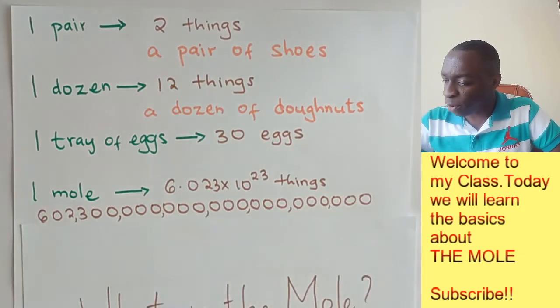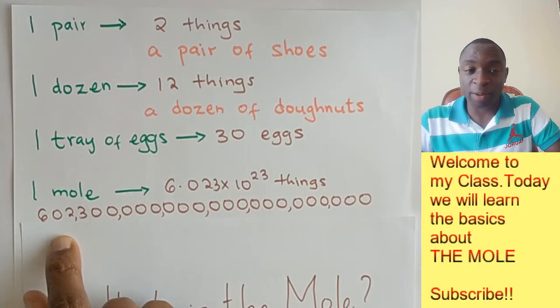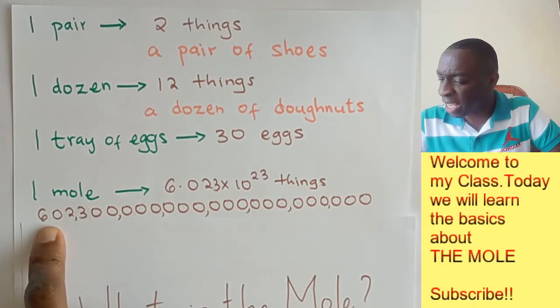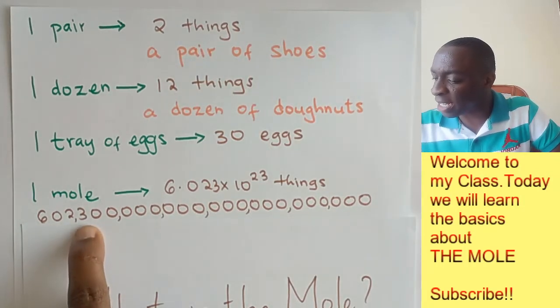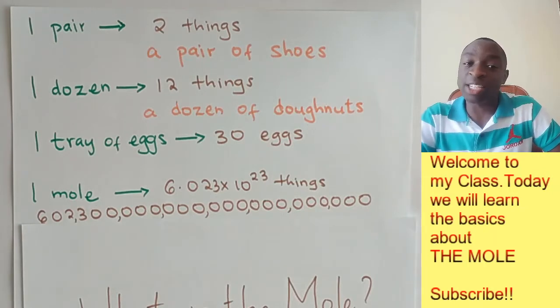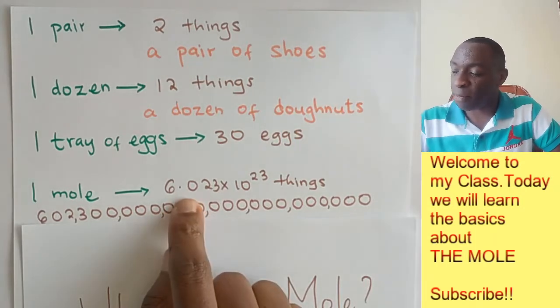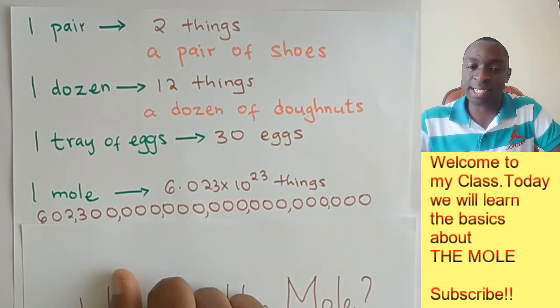And if you were to read this number, it would be a very difficult number to read. It would be something like 602 hexillion 300 pentillion. Now, well, I don't know even if that is correct, but that number is very large. That is why it is simpler just to say 6.023 times 10 to the power 23 things.